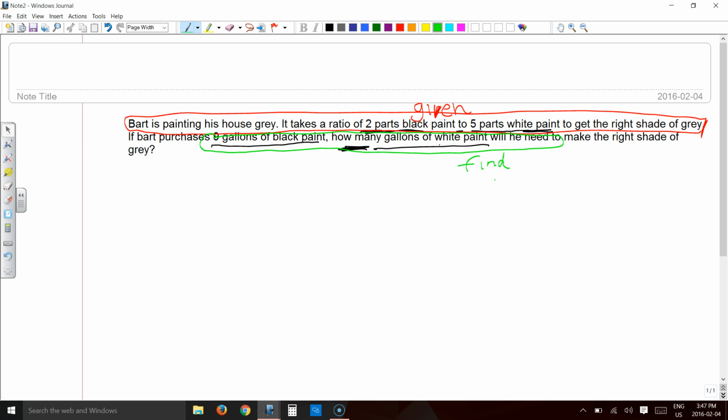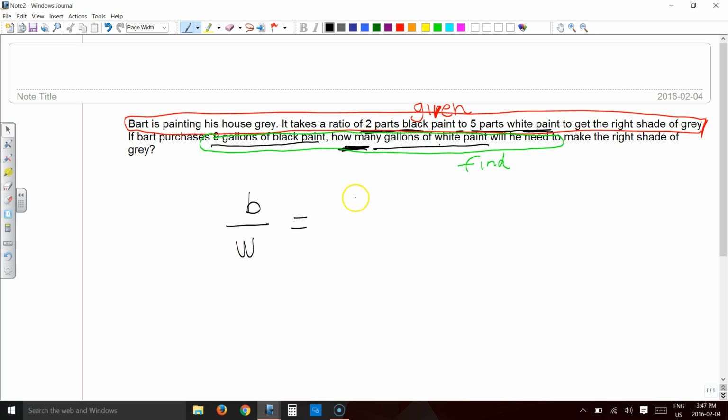When I'm doing a proportion, you guys have already learned a little bit about proportions, and now I'm going to use what you've learned to do this word problem. I like to write down a formula for proportions just to help me place everything correctly. If you're going to create a ratio with black paint compared to white paint, let's make sure black is on top and white is on the bottom.